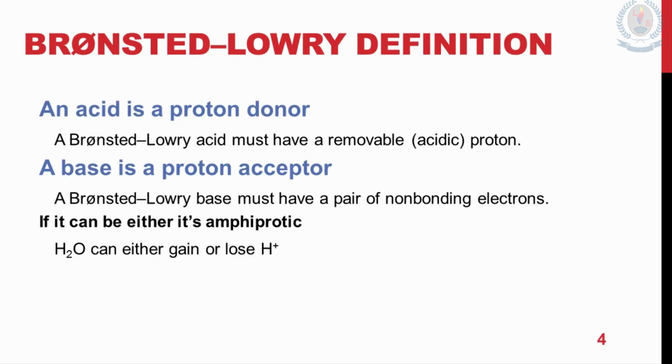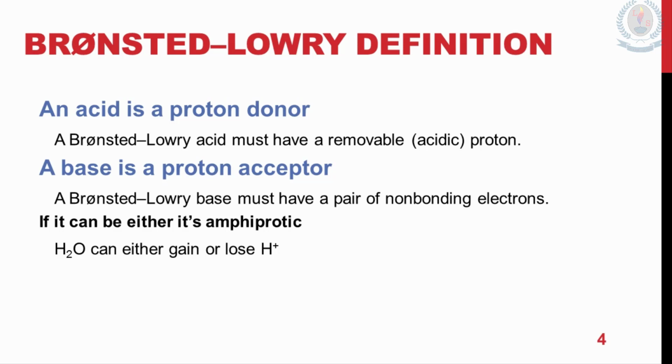Now let's look at Bronsted-Lowry definitions of acids and bases. An acid is a proton donor. A Bronsted-Lowry acid must have a removable proton, that means an acidic proton. A base is a proton acceptor.